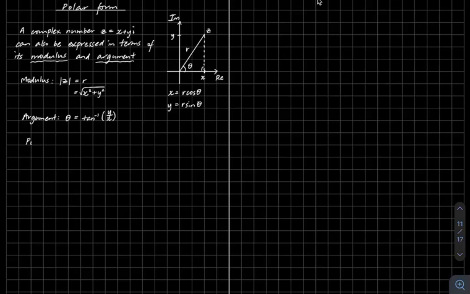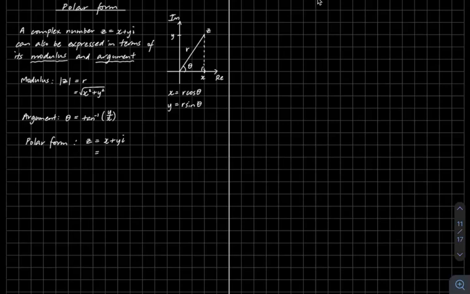Okay, so polar form. That's when we're converting from z equals x plus yi, which is standard form, or Cartesian form, or rectangular form, or component form. It's got lots of different names. We're going to convert that into an expression in terms of r and theta.